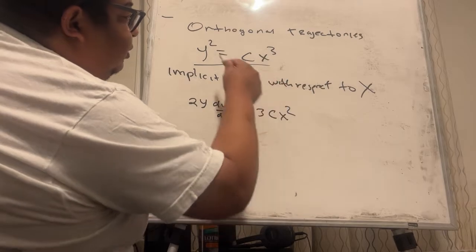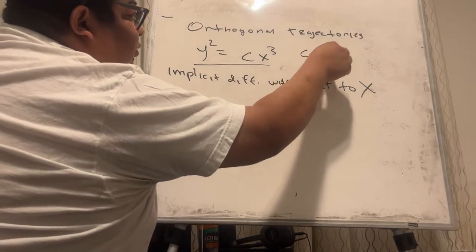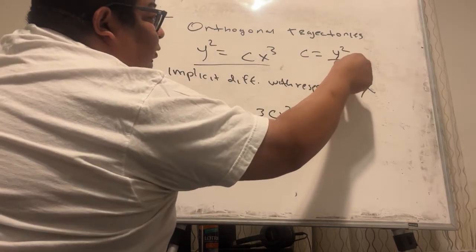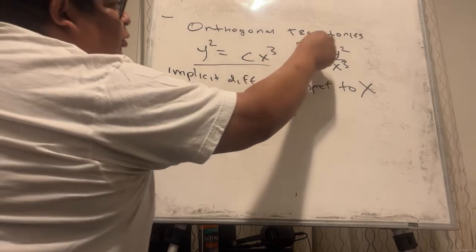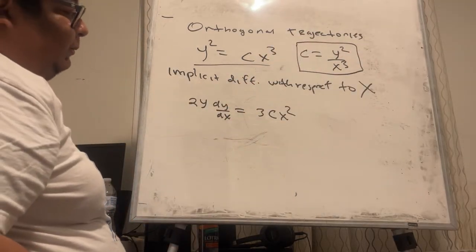As a side note, we're going to solve for c on this equation. So c is equal to y squared over x cubed. We need this one.